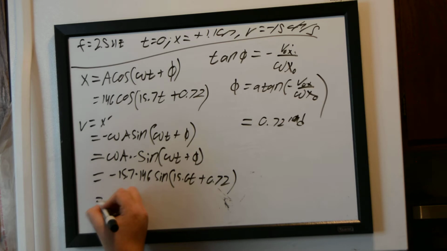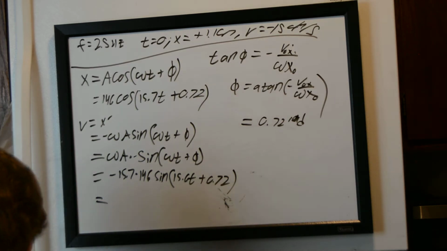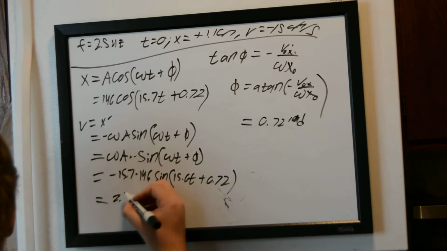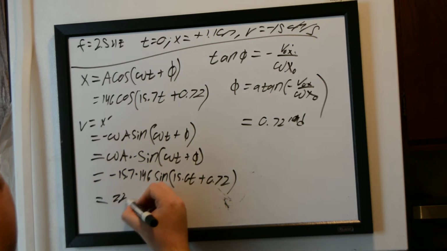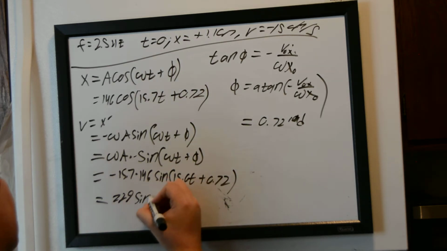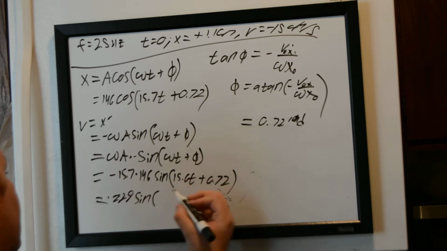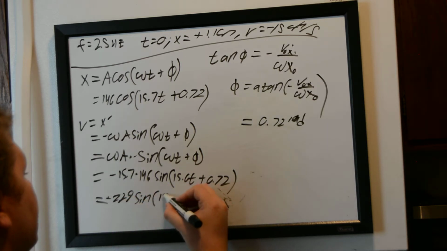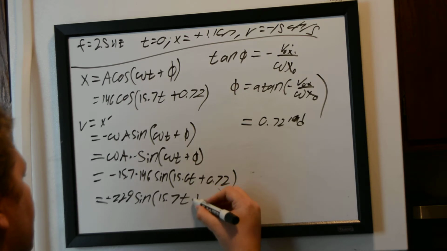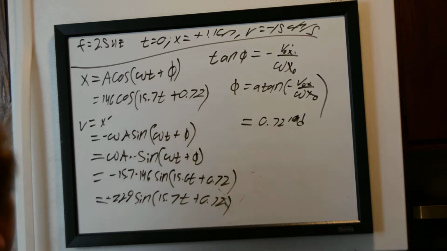And then we just simplify everything that we can, and that's going to come out to be negative 229 times the sine of 15.7 times t plus 0.72.